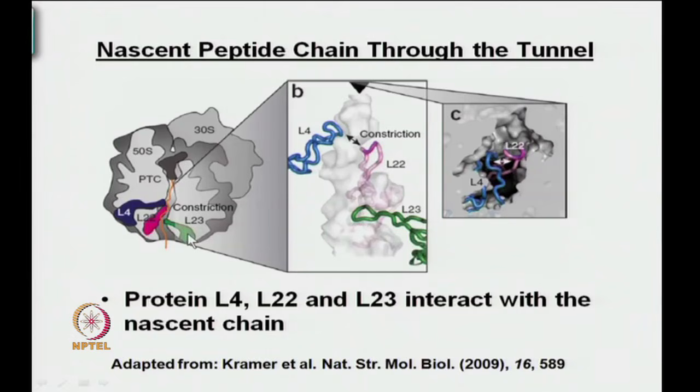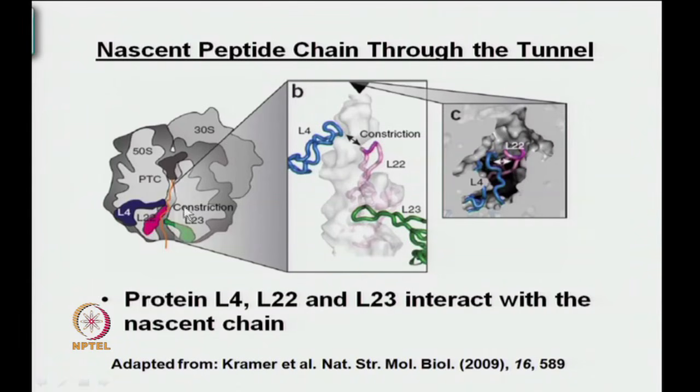Then there is another protein called L23, which I will come to later, but just look at L4 and L22. If you follow my arrow and the orange line coming out through here, this orange line is essentially a growing peptide. So, consider that to be a growing peptide.